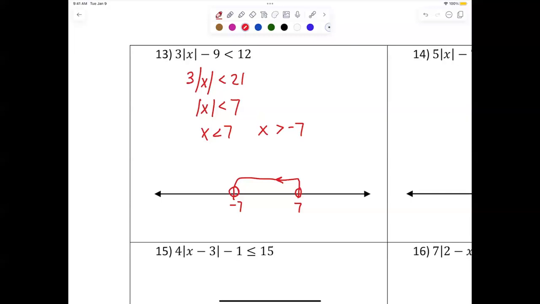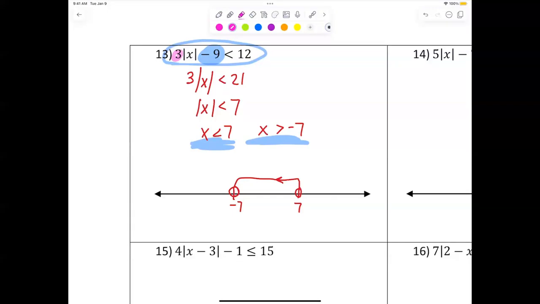I did. Right here, look, just to be sure. Here's the first one, here's the second one. I had to isolate first. All right, you had to add 9 and divide by 3. I had to get rid of the -9, and then I had to get rid of the 3 before I solve it.